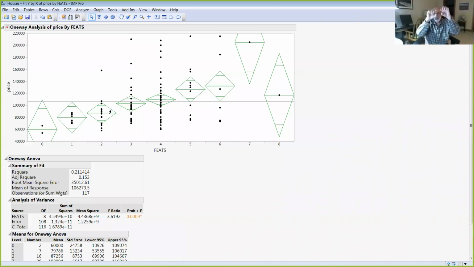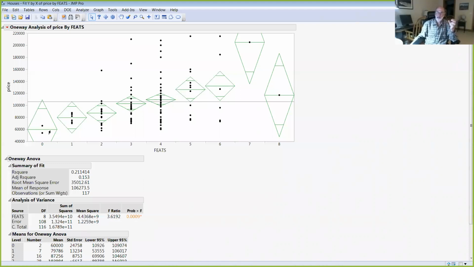But the points within each group are very narrowly spaced, not like it looks here, but all within a very narrow range. We'd have a very large mean square for the features, and a very small mean square for the error. This ratio would be a very large number. The larger this number is, the more likely it is that there's some significant variation between the groups.